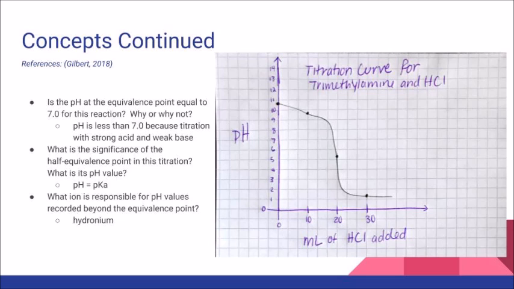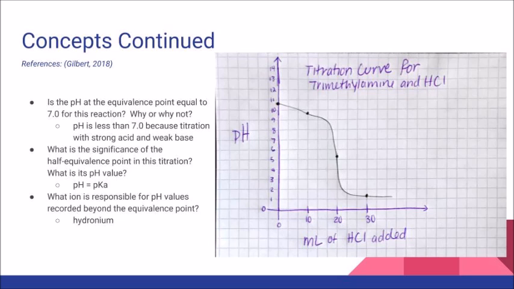The half equivalence point for this problem is at 10 milliliters of HCl. This point is particularly important for calculations because according to the Henderson-Hasselbalch equation, the pH is equal to the pKa at this point. And the pH is 9.81.